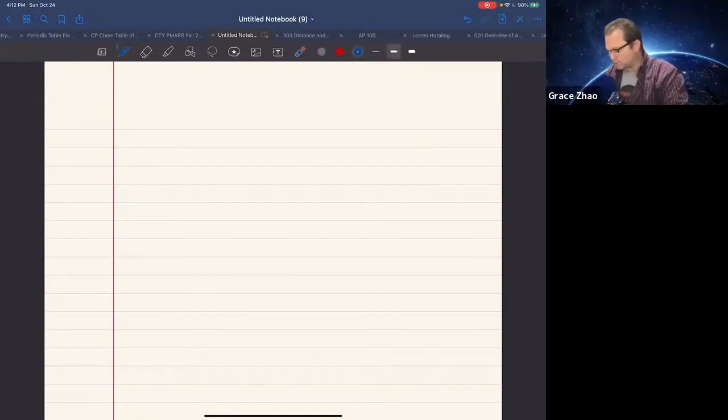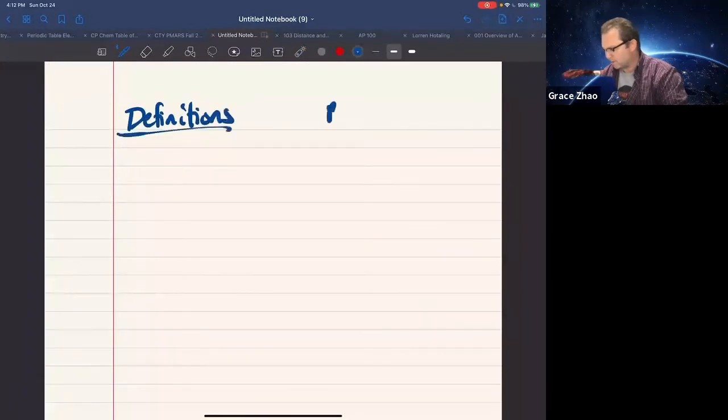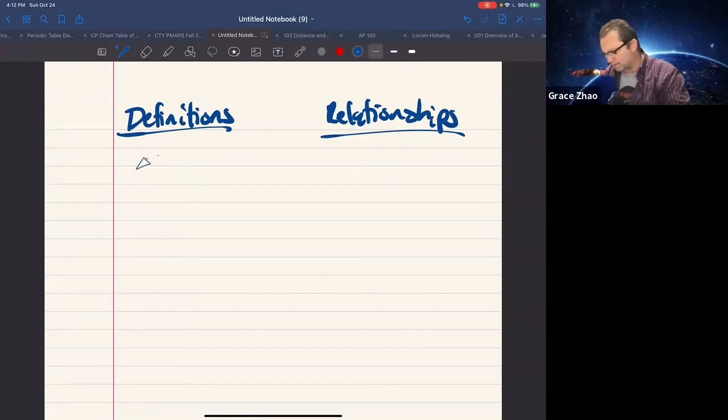So if you recall, there's two categories of formulas: our definitions and our relationships. Our definitions are delta x is x minus x naught, which is displacement. We have the average velocity, which is the rate of change in displacement.